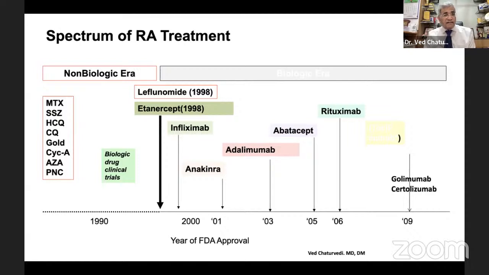What methotrexate does is it basically affects the purine metabolism, and since it affects the purine metabolism, it reduces inflammation. A lot of people say methotrexate is a drug for cancer. Yes, it is also used for cancer, but in cancer it is used in a very high quantity.